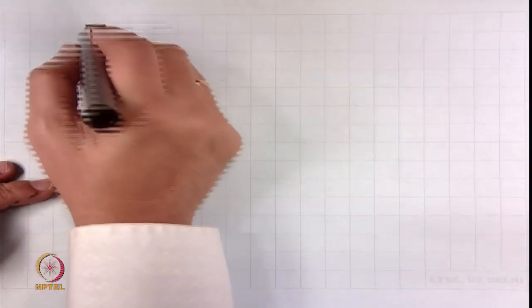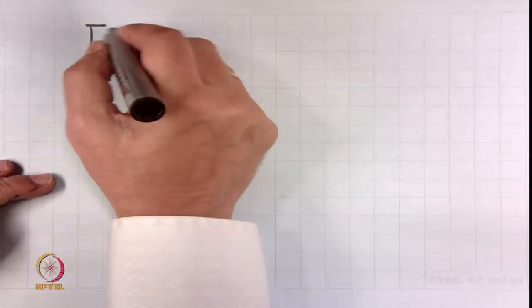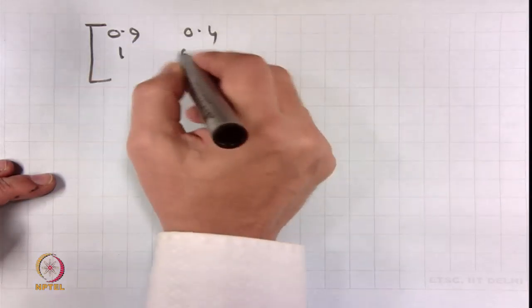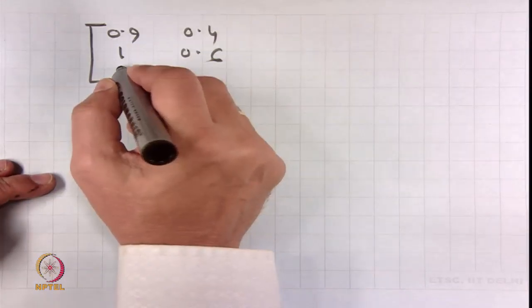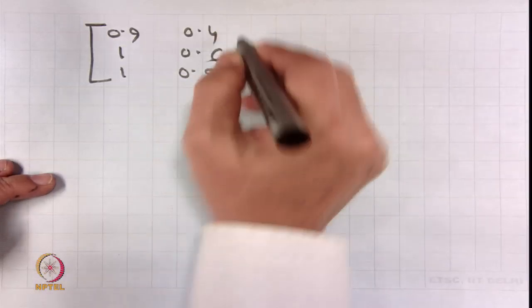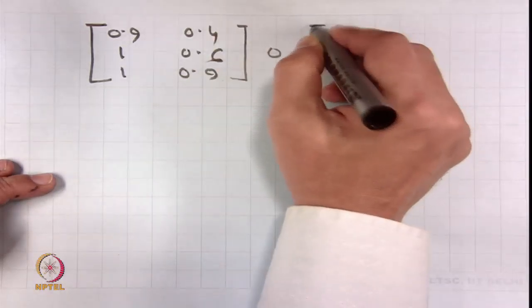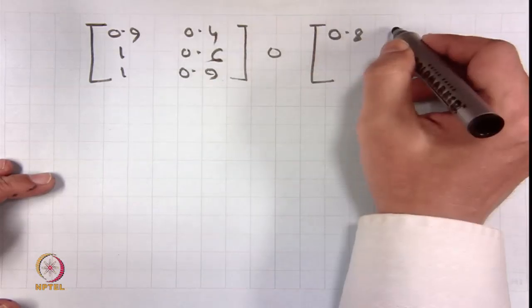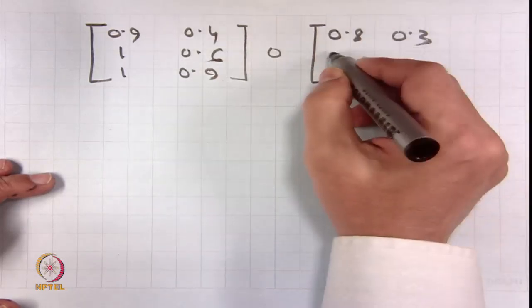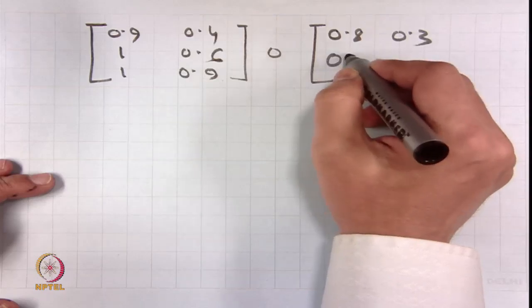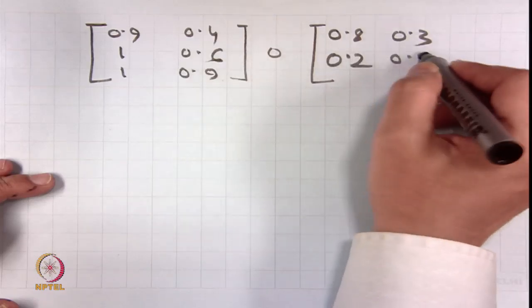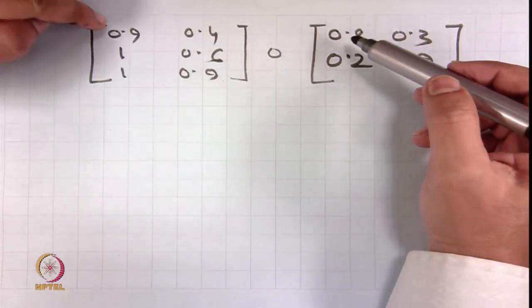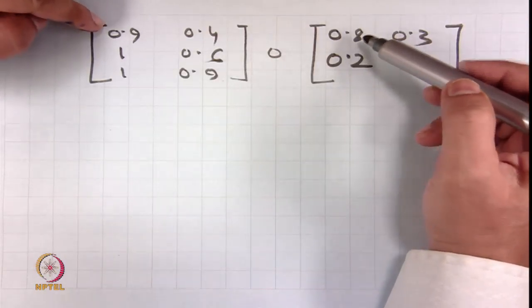So, we take the matrix 0.9, 0.4, 1, 0.6 and 1, 0.9 and we compose it with R2, which is given as 0.8, 0.3, 0.2 and 0.9, and we imitate something like matrix multiplication.